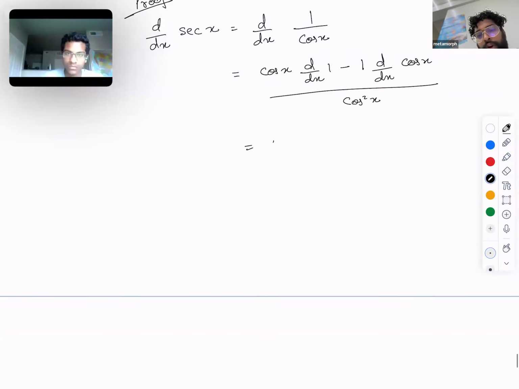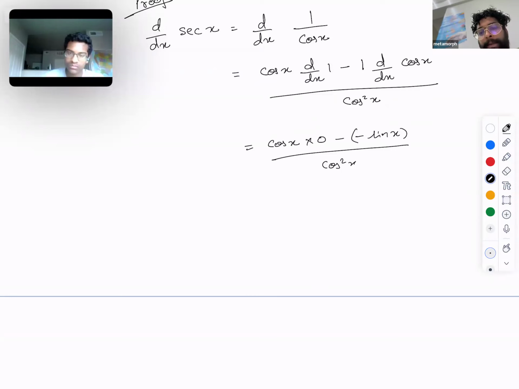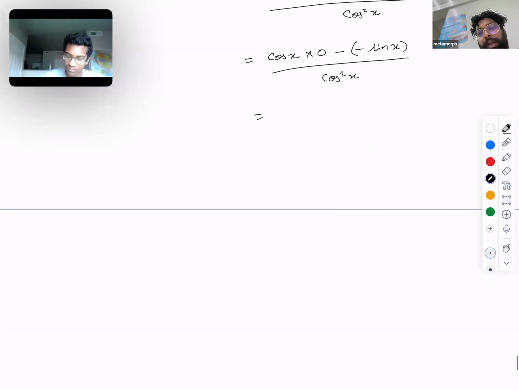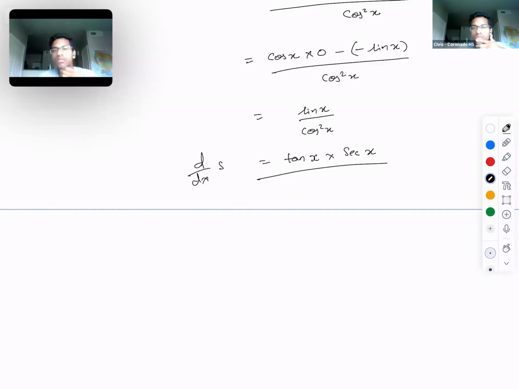That gives cos x into 0 minus negative sin x over cos squared x, so sin x over cos squared x, which is the same as tan x into sec x. Clear? Yes. That's d by dx of sec x.